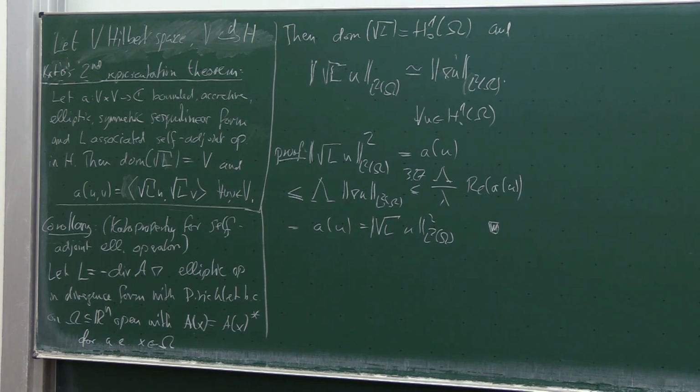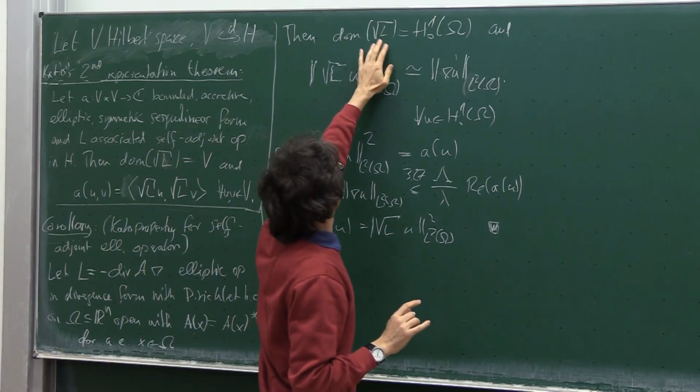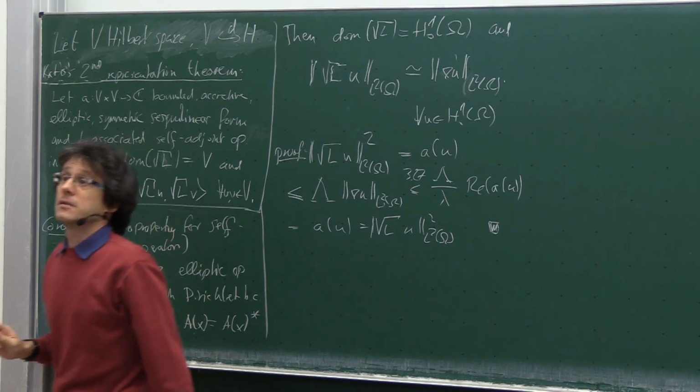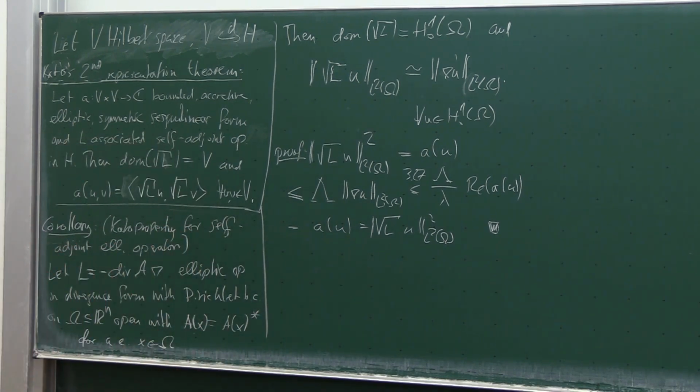So there's something interesting happening. But up to the exponent 1/2, the domain does not see the coefficients. It does not see anything about the operator L. The domain of the square root is always just H10. And that's really a remarkable thing.